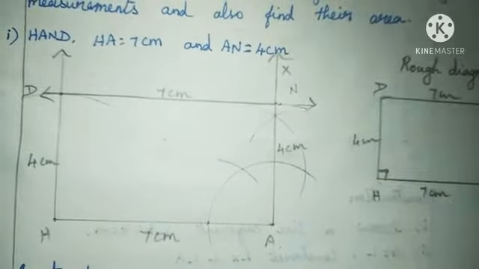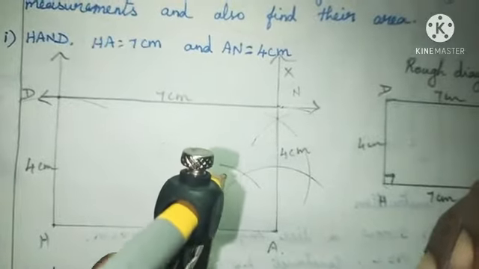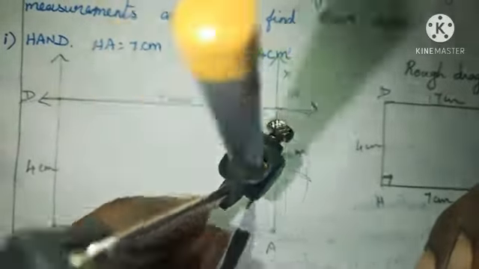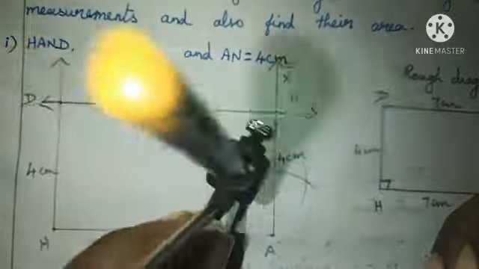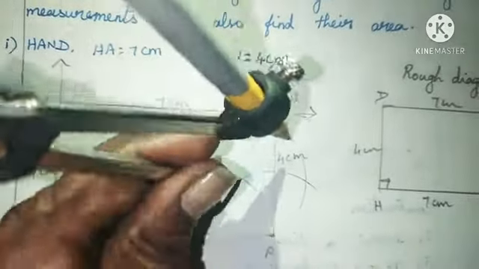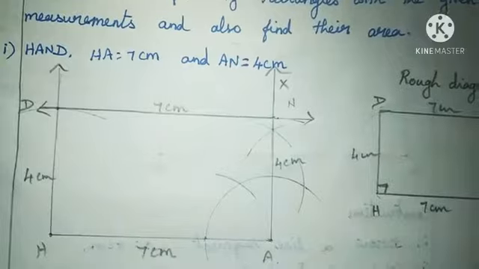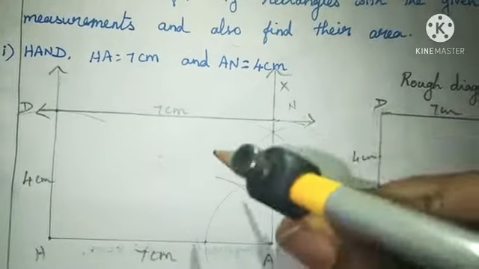Then the next step, from this point, keep the compass, cut the previous arc, and with the cutting point you have to cut the second arc. After cutting two arcs, you have to keep the compass in these two places.